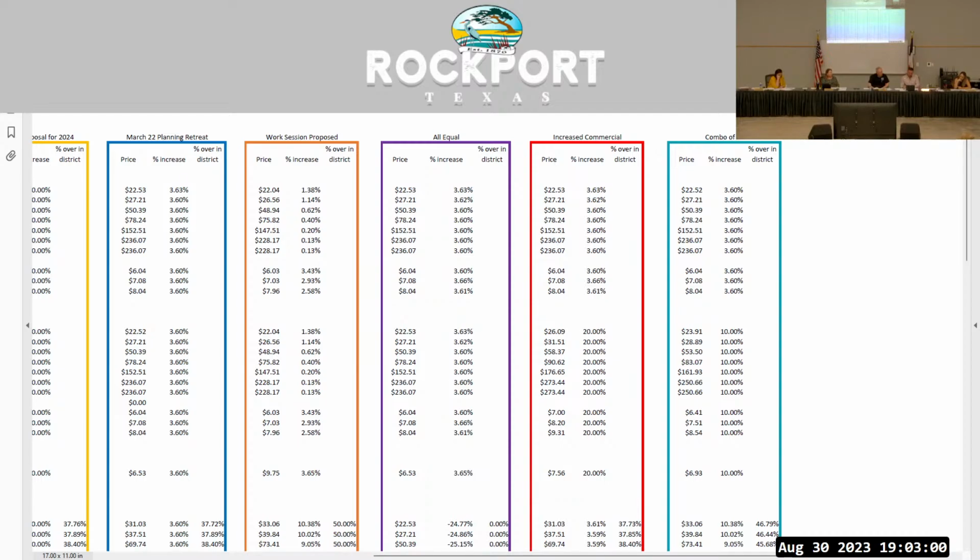That doesn't really make sense because the increased commercial line you have at the outside residential is at the lowest, at 3.6, and that still gave us 8.1 million. If we kept that at 8.6 on the combo and upped that to 20%, how is that lower?